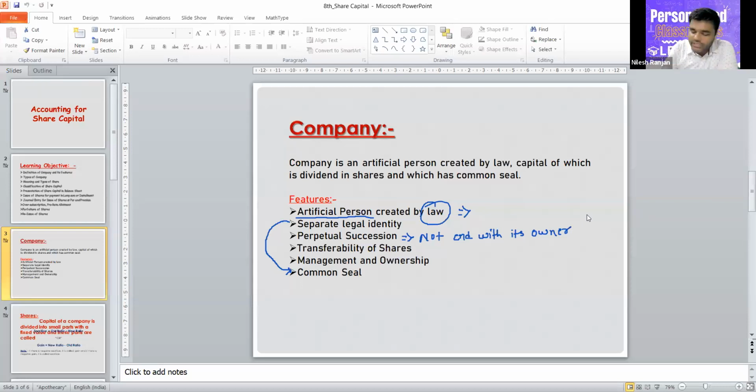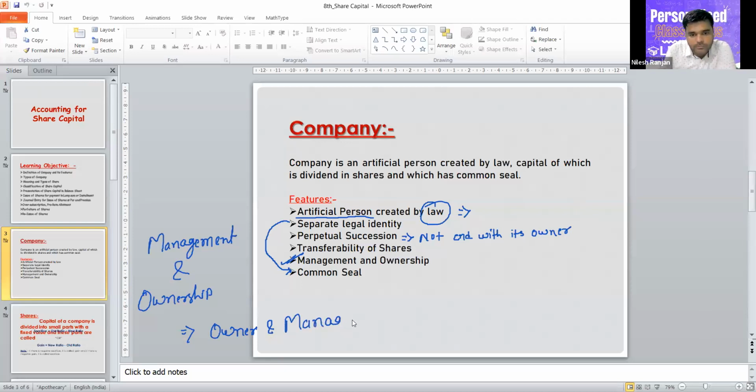Now there is one more very important thing, that is management and ownership. If you are running a proprietorship business, then you are the owner and you have taken the responsibility of management also.